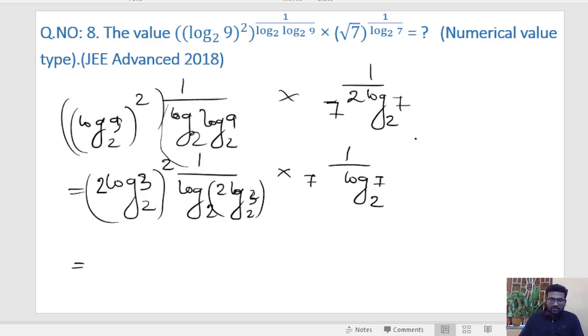This is 7, and you can write 7 to the power log 2 base 7.